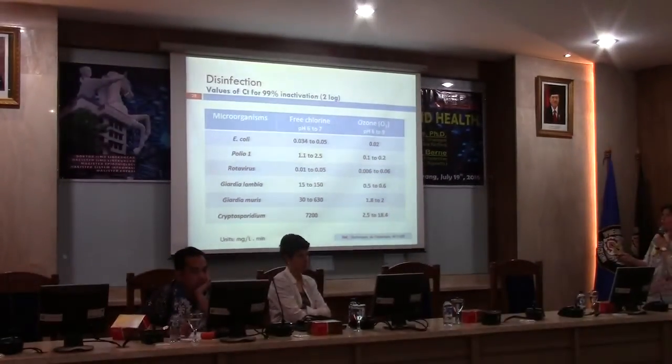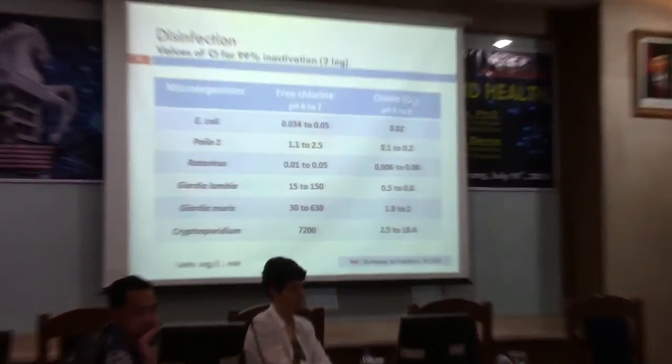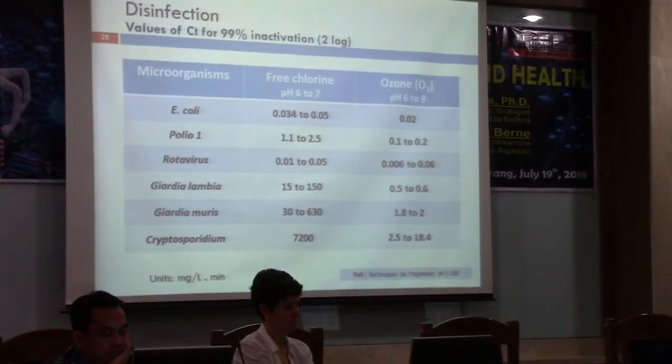In this table we have some orders of magnitude of the value of CT for 99% inactivation, that is to say 2 logs of microorganism removal, for 2 oxidants, chlorine and ozone, and for bacteria, viruses, and protozoans. You can see if the value of CT is low, for example for Escherichia coli, the microorganism is very sensitive to this oxidant.